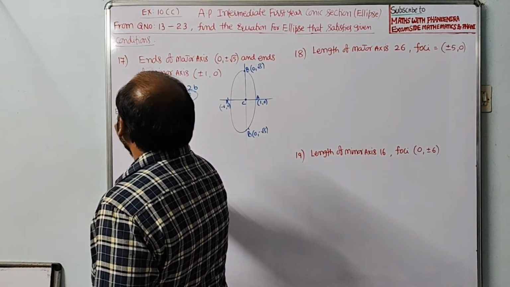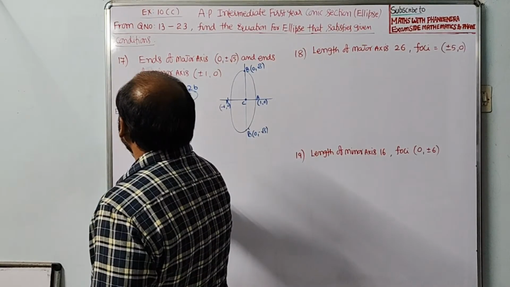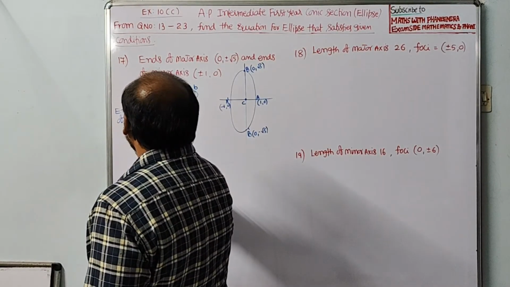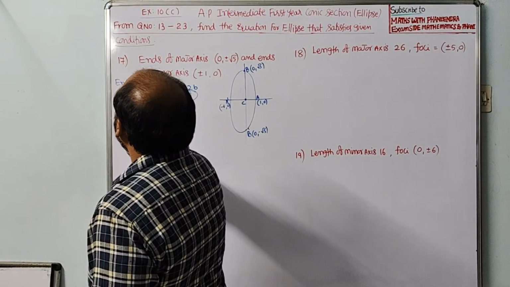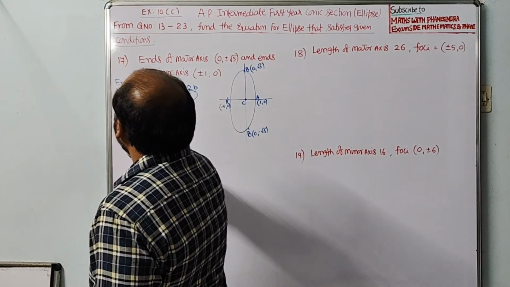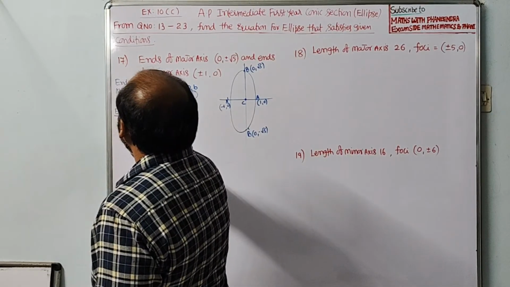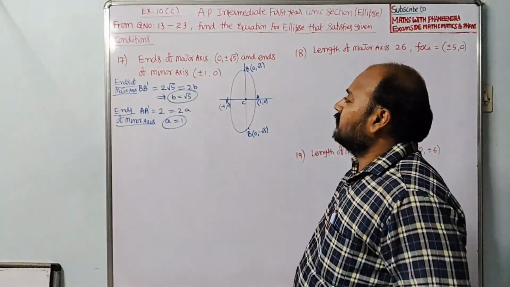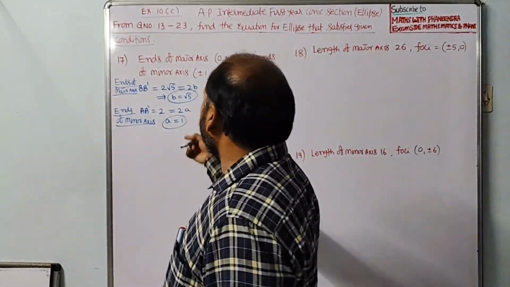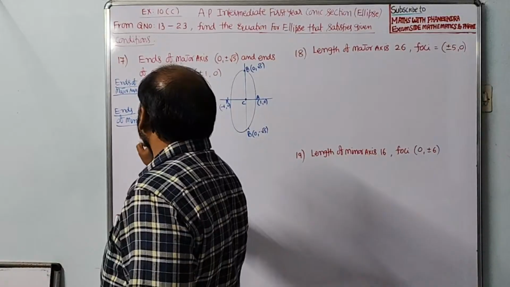Ends of minor axis, ends of major axis, by observing we can decide. So A and B values we know, which means we can write the equation of ellipse.